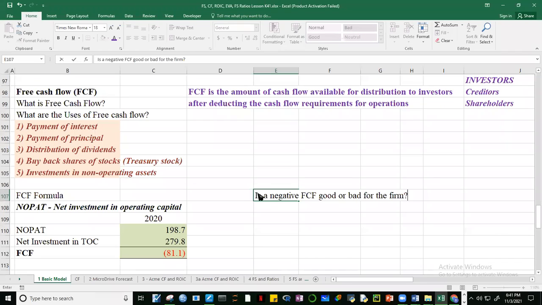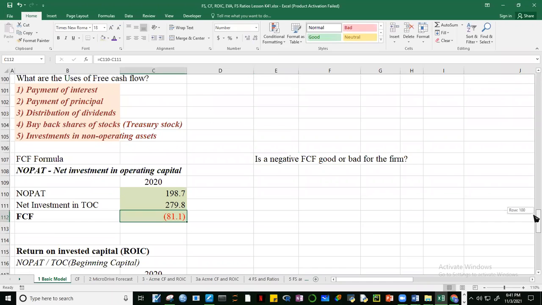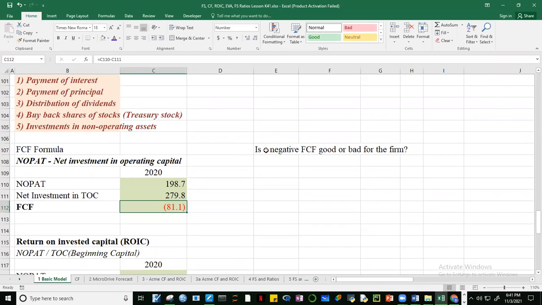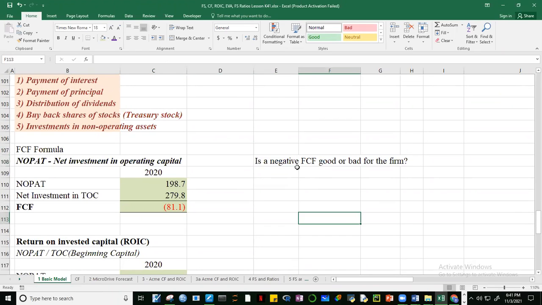That's the question. Kasi negative yung free cash flow, ano? Is that okay? Is having a negative free cash flow a good indicator? Okay, any idea, guys? What do you think? Any suggestions?